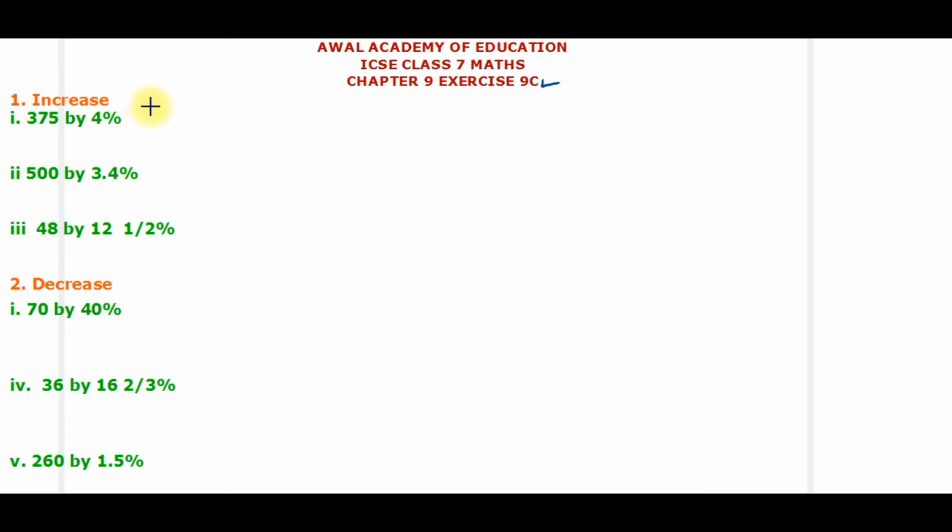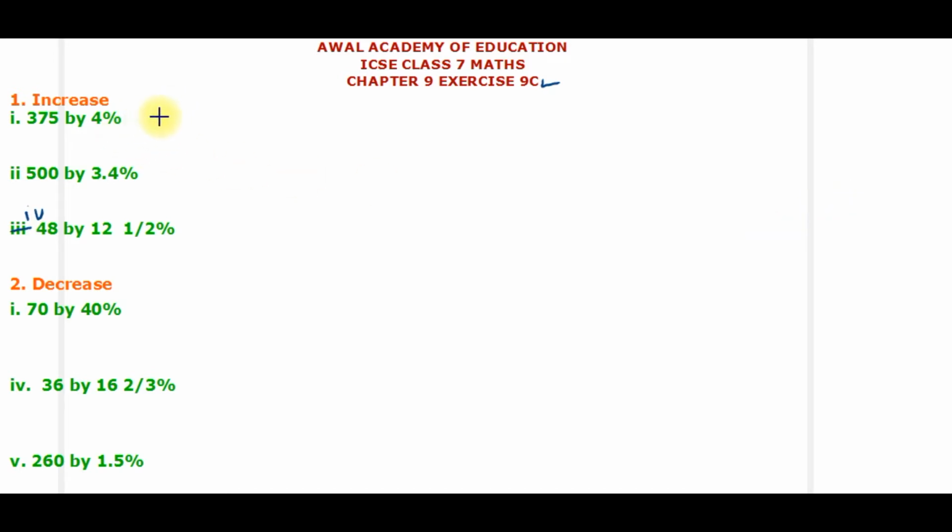So the first question is increase 375 by 4%. This is the first part, this is the second, and this is the fourth part of question one.